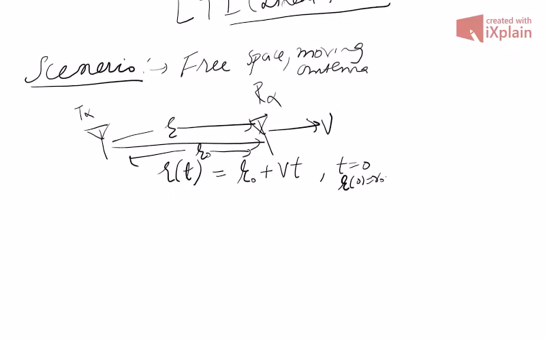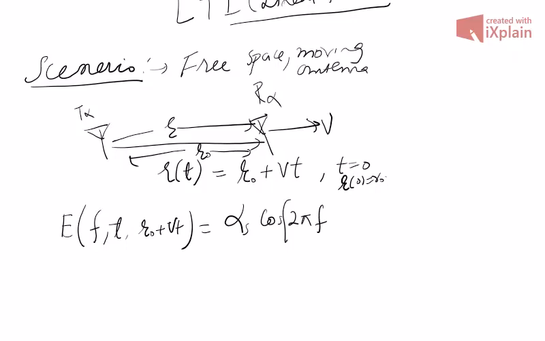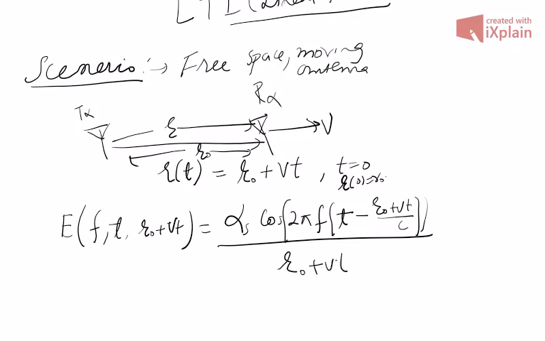So then what will be the electric field? It will be a function of f, and of course now t, but it will now be a function of r0 plus vt also. I don't care about the antenna now. So here is alpha s, some pattern constant, cos of 2 pi f (t minus (r0 plus vt) by c), divided by, instead of r, now r0 plus vt.